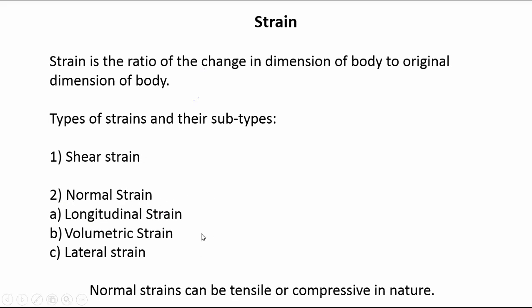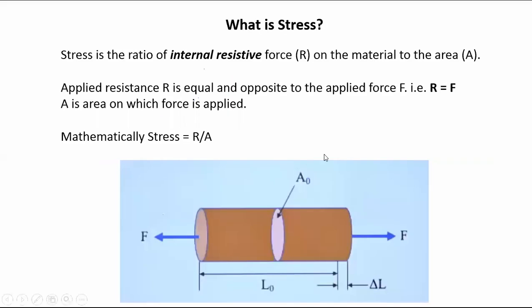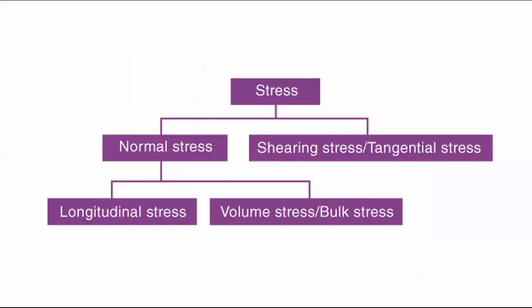We will see that if the forces are outward, away from the center of the axis or the CG of the body, then we will call it a longitudinal strain. Here in the first diagram, these two forces will create longitudinal strain because the change in dimension is along the longitudinal axis. If there is a decrease in the diameter or this area, then the stress generated here will be a transverse stress and transverse strain.